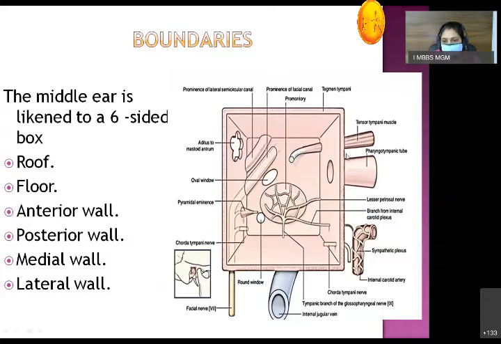So here you see the anterior wall, this is the posterior wall, roof, floor, and this is the medial wall, what you are seeing here. The lateral wall is removed. We are seeing inside the tympanic cavity.